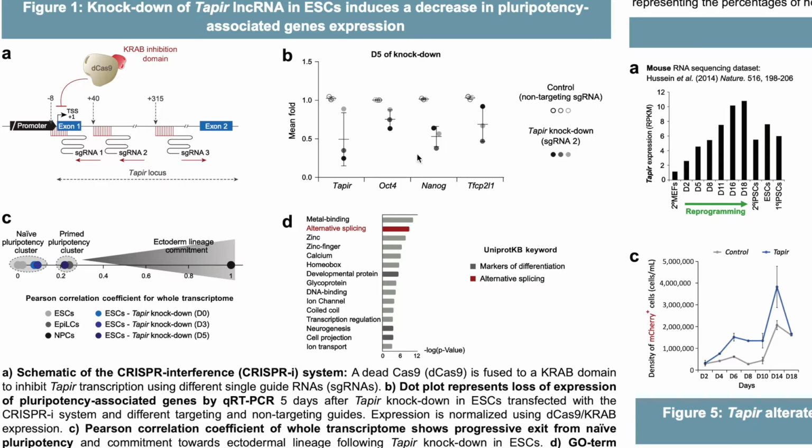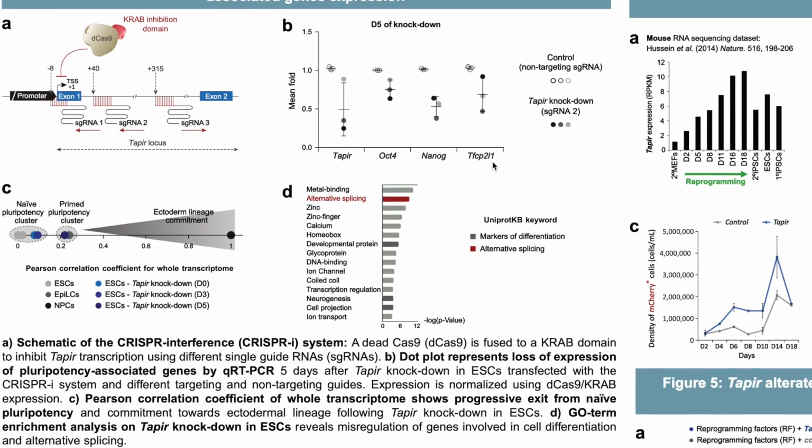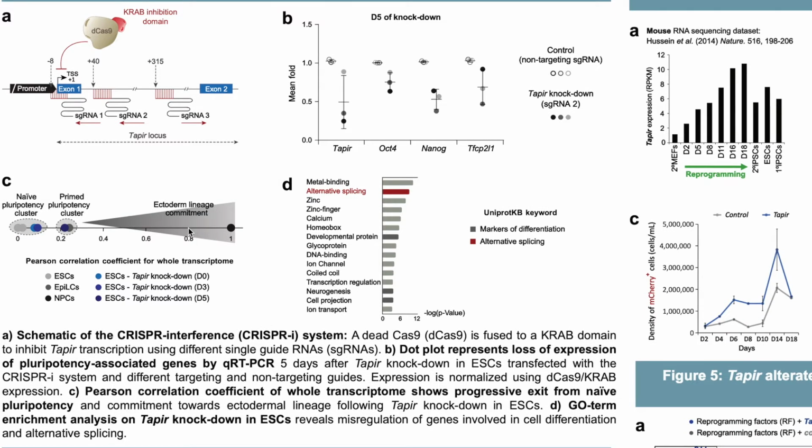Using CRISPR-I, when we knock down Tapir and look at day 5, the expression of the pluripotency genes, we can see that the expression of well-known pluripotency genes called OCT4, NANOG, and TFCP2L1 are really downregulated upon knockdown of Tapir. And when we look at RNA sequencing of these cells, you see it here in the black or dark blue cluster.